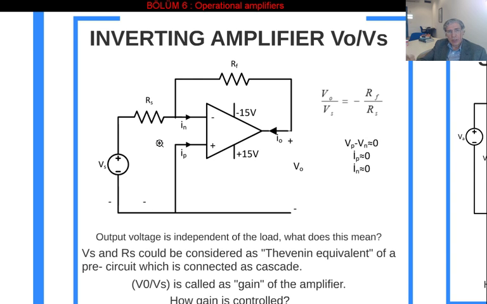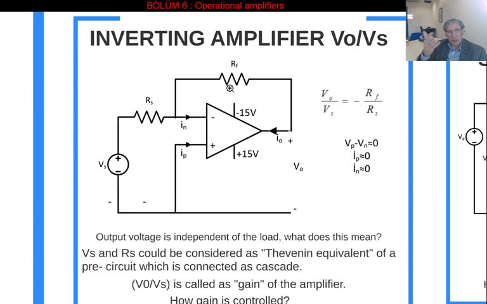As we already said, without any feedback element, operational amplifiers do not work, they burn, and there is a resistor on the feedback path from output to the input here.